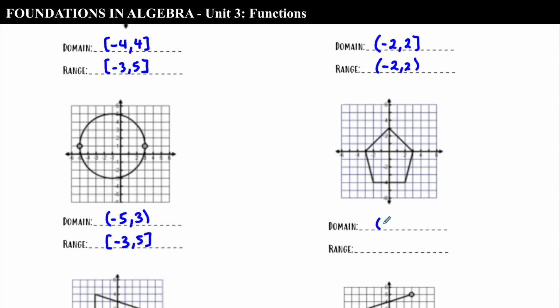That's the farthest left and right it goes. And we do include it because it does touch, so we use a bracket on both sides. Our range goes from negative 4 to positive 3. The farthest down and up it goes. And here we also include our ends.